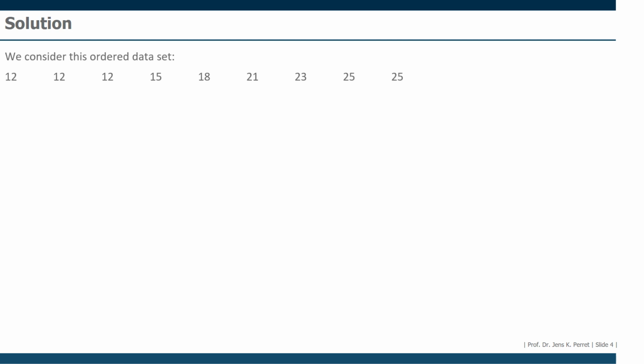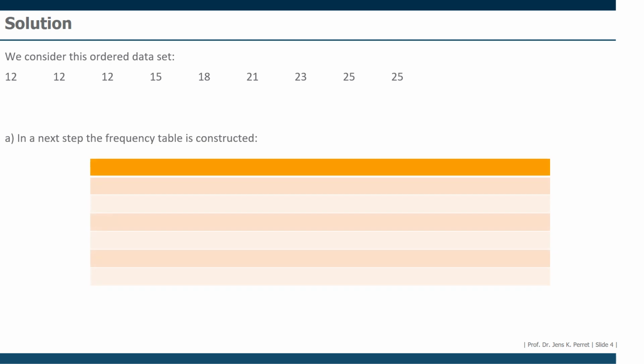So let's start with part A, the frequency table. I'm going to build this based on this ordered data set. I'm going to start by making a column in which I write all the different values used in the data set.